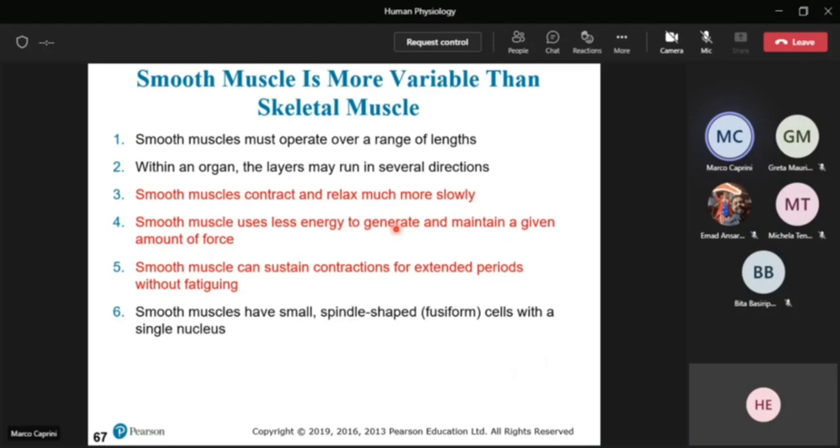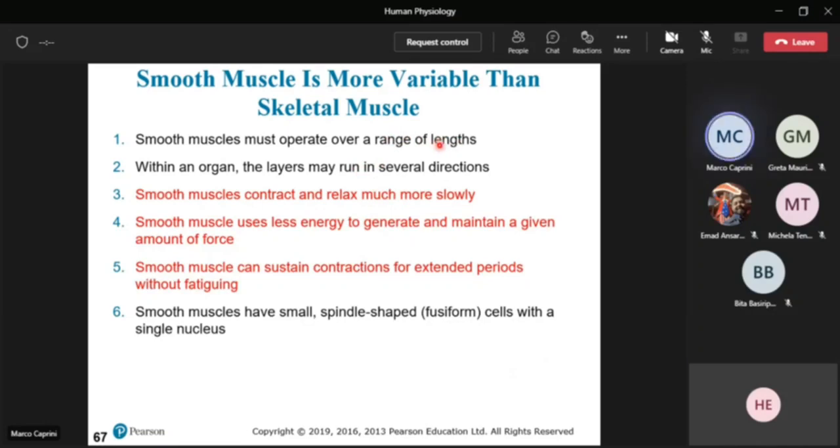It is going to fill in a time-dependent way. So the smooth muscle cell in the bladder needs to contract over a range of different lengths, depending on how much urine is inside the bladder. Muscle like this has to operate over a range of length.